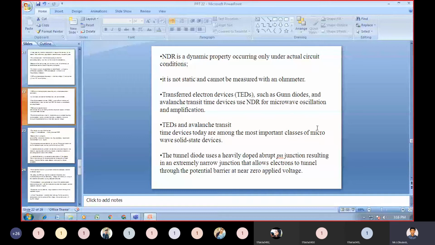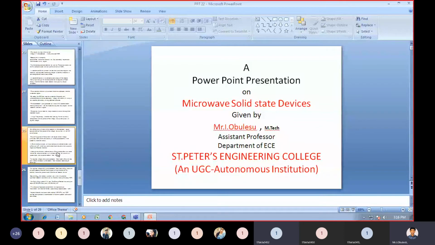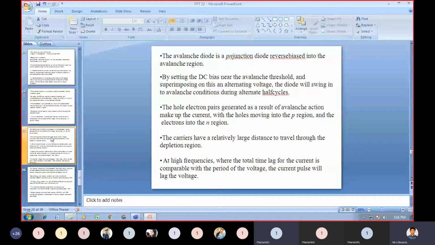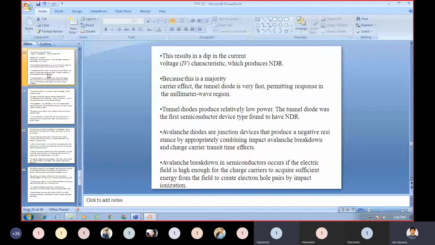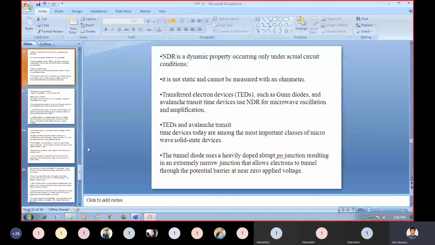The tunnel diode uses a heavily doped PN junction resulting in an extremely narrow junction that allows electrons to tunnel through the potential barrier at near zero applied voltage.